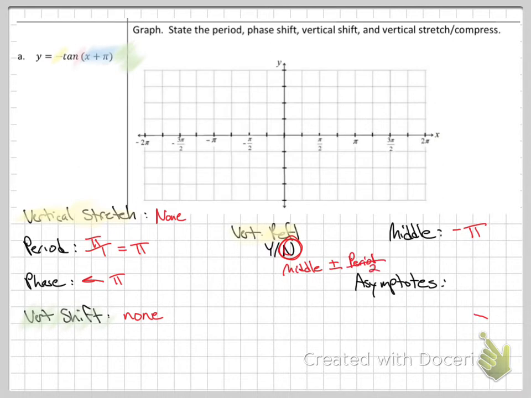Because half of the graph is to the left of the middle and half of the graph is to the right of the middle. So my middle is negative pi, and I'm going to add my period, which was pi, coincidentally, so half of that, pi over 2. Make a common denominator.